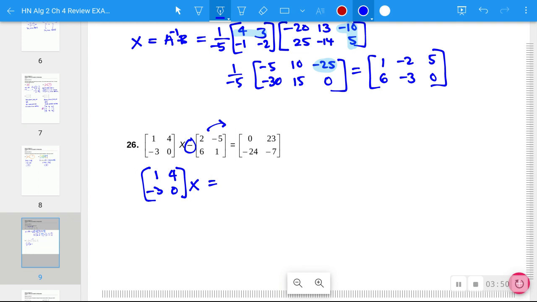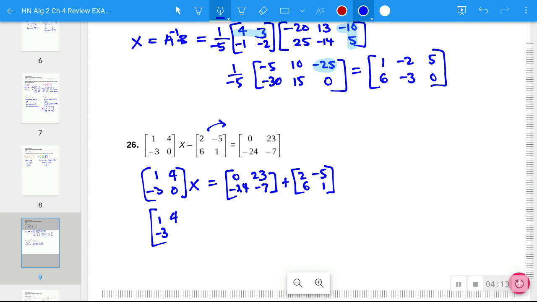Instead of a minus, it's going to become a plus. On the next line, I'm going to actually add these. Adding matrices is a corner by corner thing. So once I get this all set up, I'm going to be adding the top left to the top left and so forth.